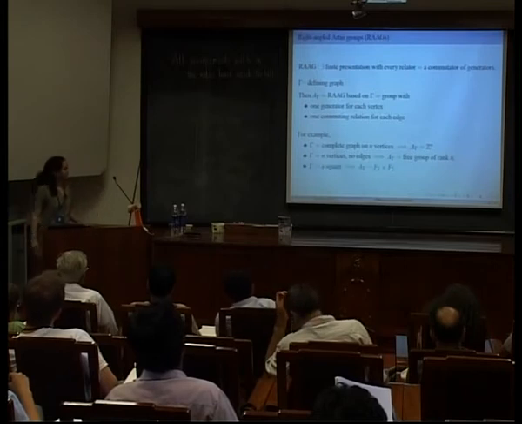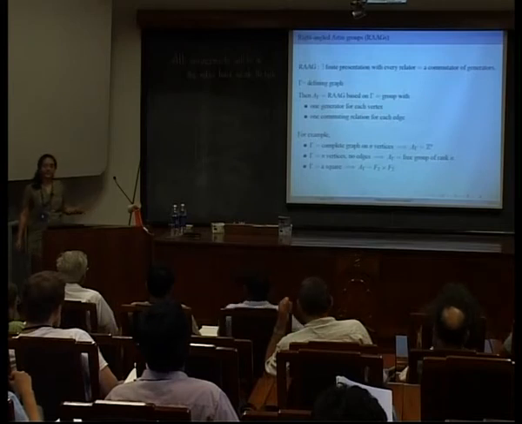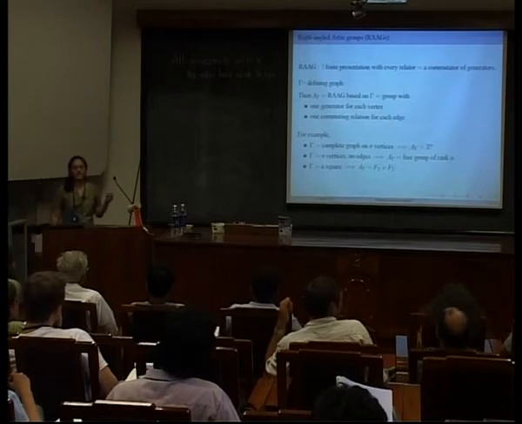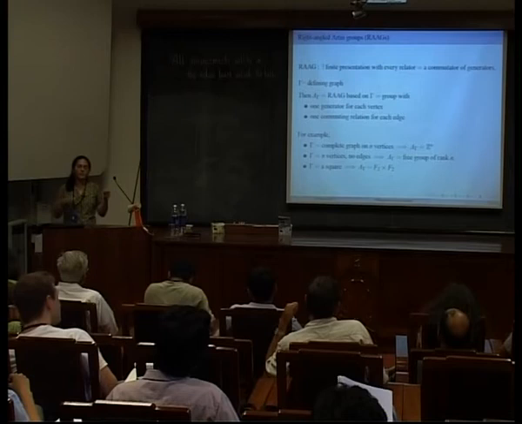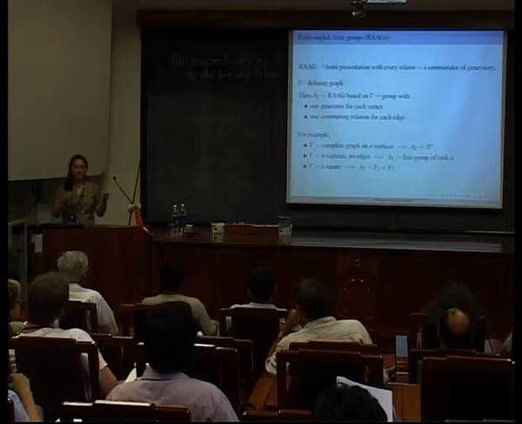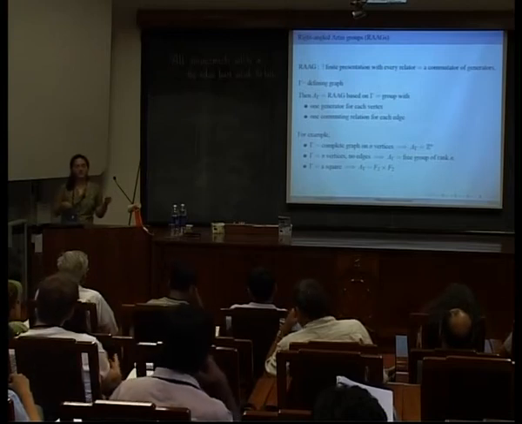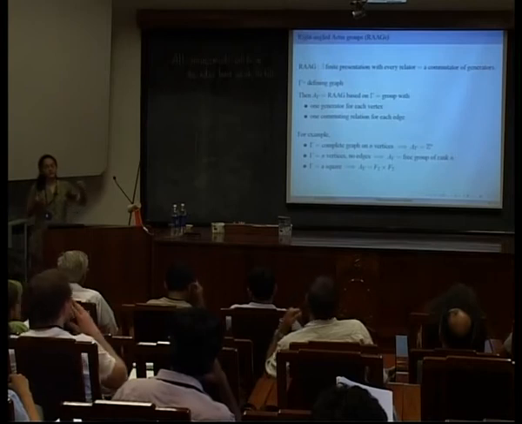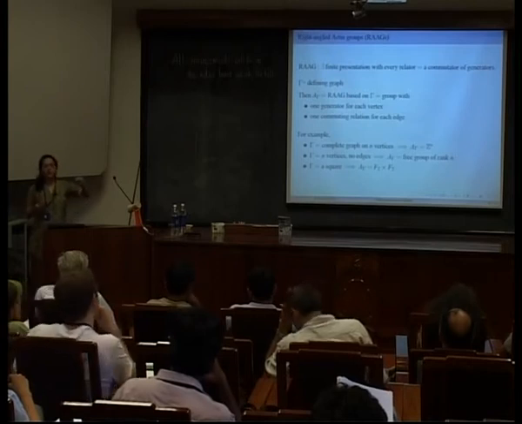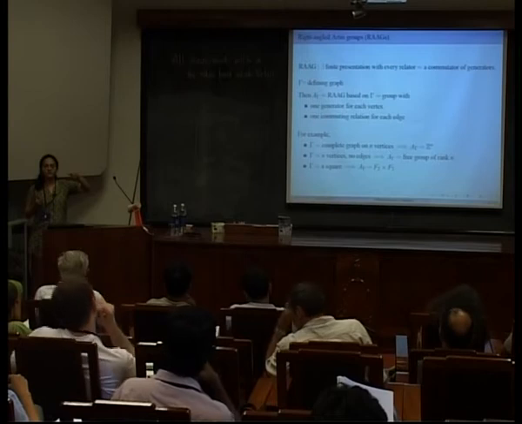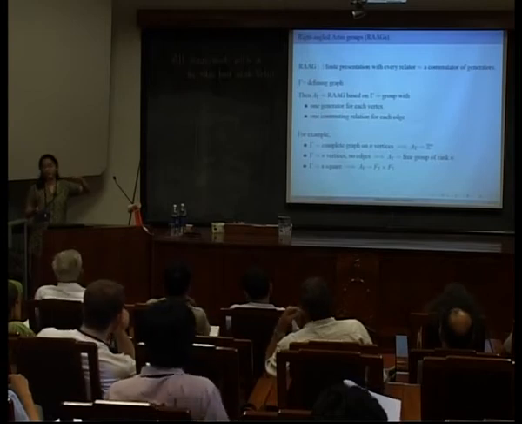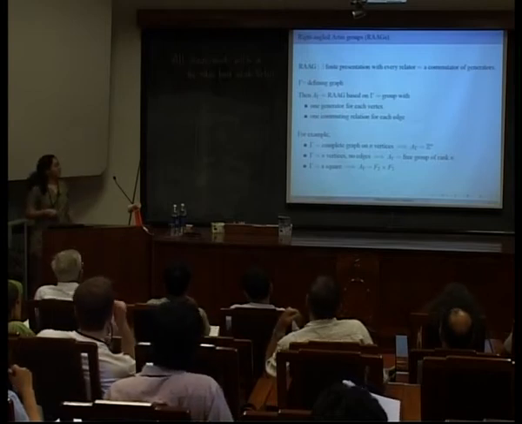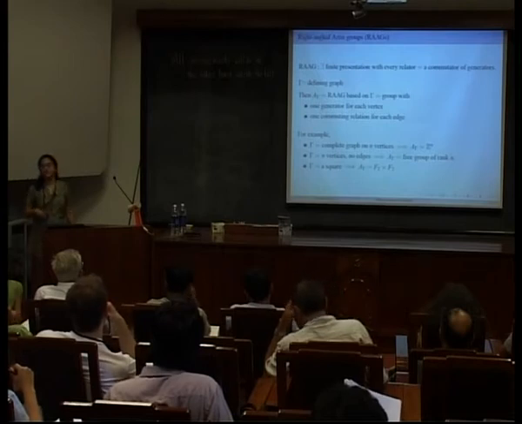So let's see something that's in between those two. Let's say gamma is a square, then you've got 4 generators. Each generator commutes with its neighbors, the generators corresponding to neighboring vertices, but generators corresponding to opposite sides of a square generate a free group. And so the group as a whole is F2 cross F2.